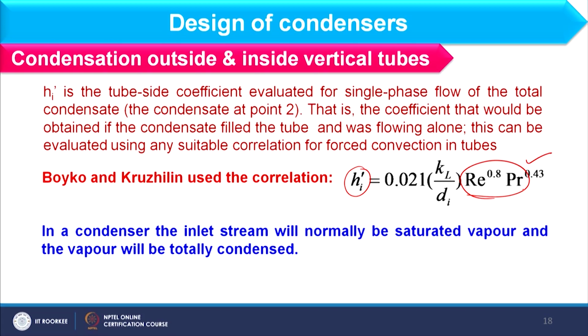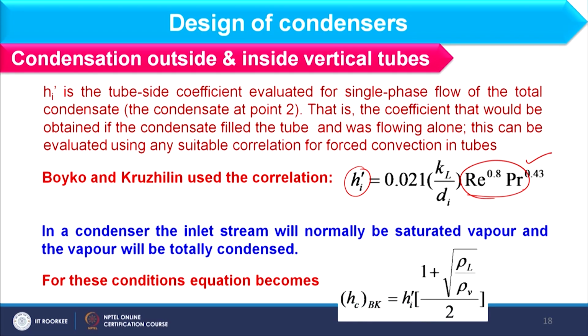And when I consider that saturated vapor is entering and complete condensation occurs at the end of the exchanger, we find that the J value can simply be represented by this expression, okay. This is the J1 and J2 expression, and Hi dash you can compute using this equation, right.